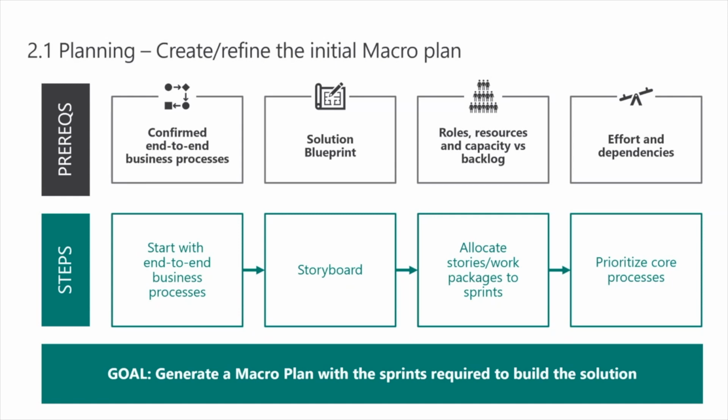In terms of the steps, we would recommend start with the end-to-end business processes and then create a storyboard. And by storyboard, we mean start with the sequence of business process you're going to deliver from start to finish. So, for example, if you take a level 0 end-to-end business process like purchase to payment, then you've got that level 0 laid out.